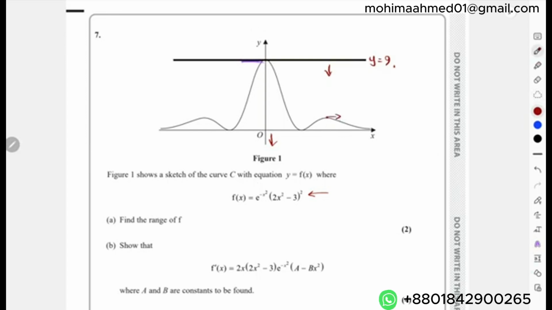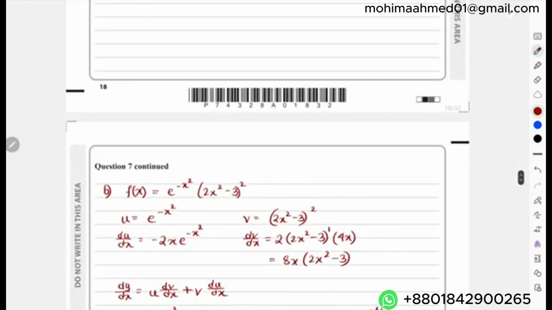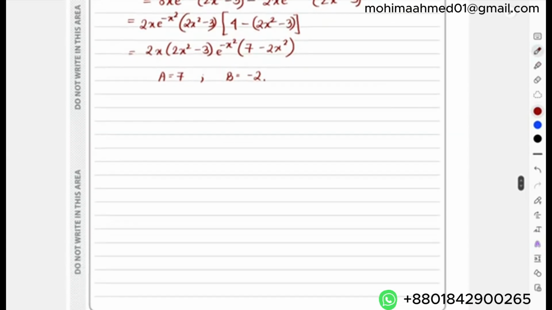In order to find these values, we can just use that differentiated equation. Also remember that you have these maximum and minimum values over here too, so the differentiated values will actually give you the maximum and minimum values.